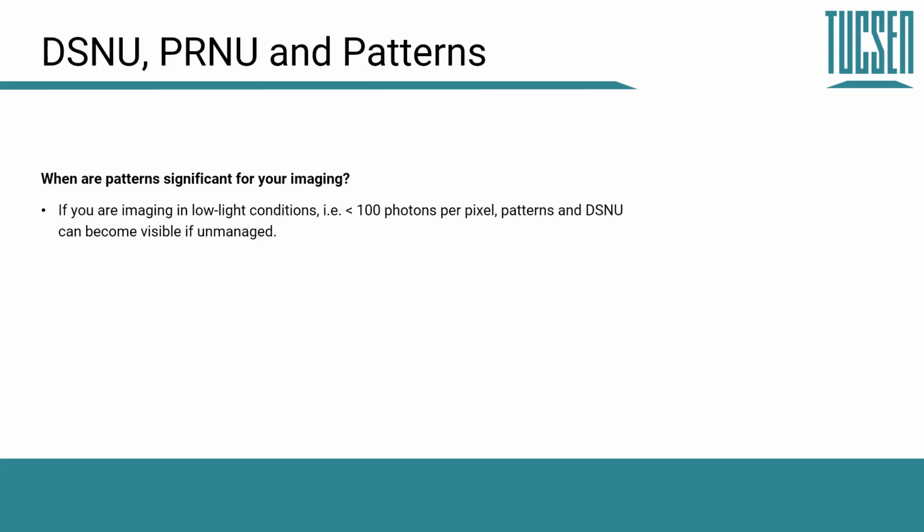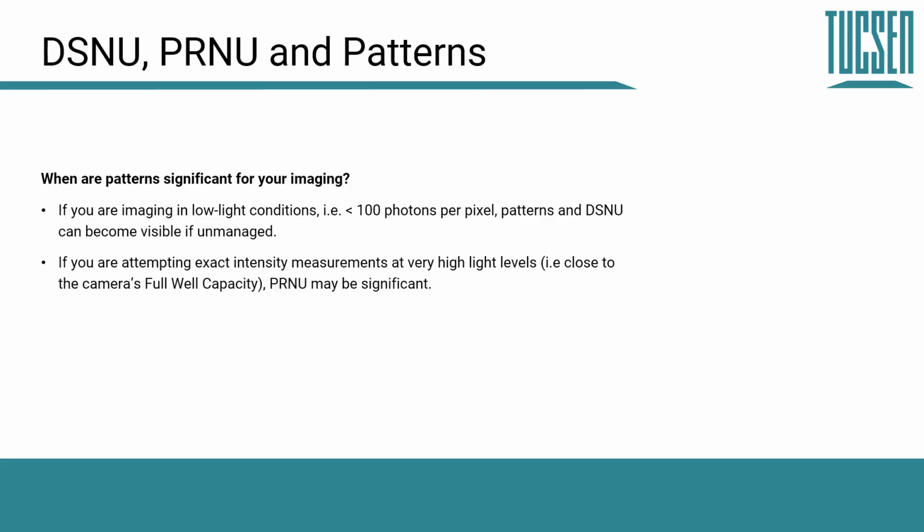As we saw the difference between the calibrated and uncalibrated images earlier when we were talking about DSNU, a well-managed scientific camera might have very low contributions from any form of patterns, in which case it might never really be visible. But if they're less managed, then if you're trying to do low light work, they can sometimes become an issue.